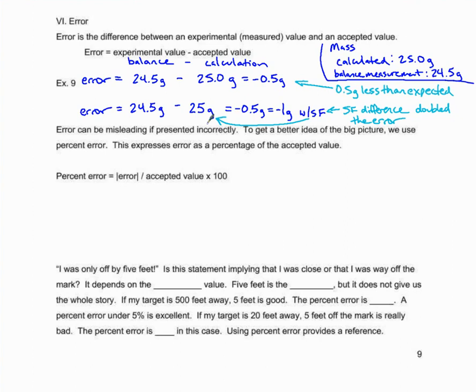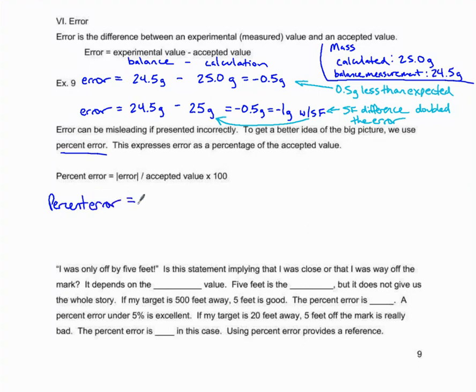To get a better idea of the big picture, we use something called percent error. This expresses the error as a percentage of the accepted value. So percent error is the absolute value of the error divided by the accepted value times 100 makes it a percentage. So let's use the numbers that we had above.